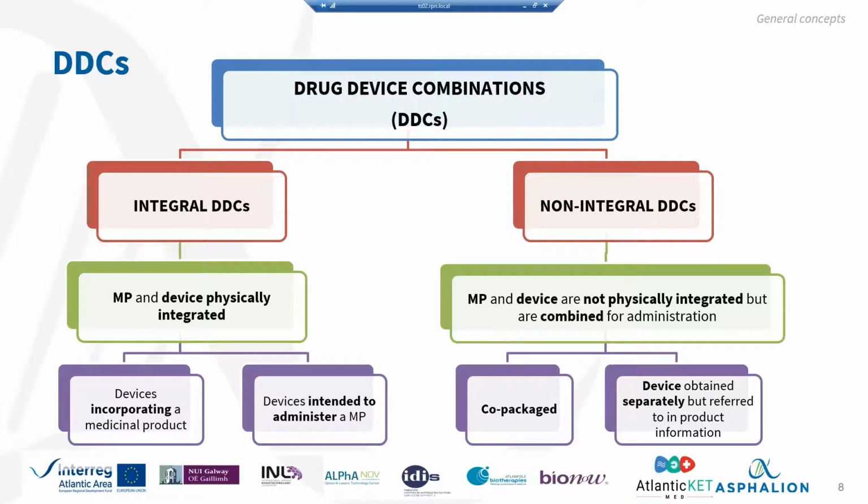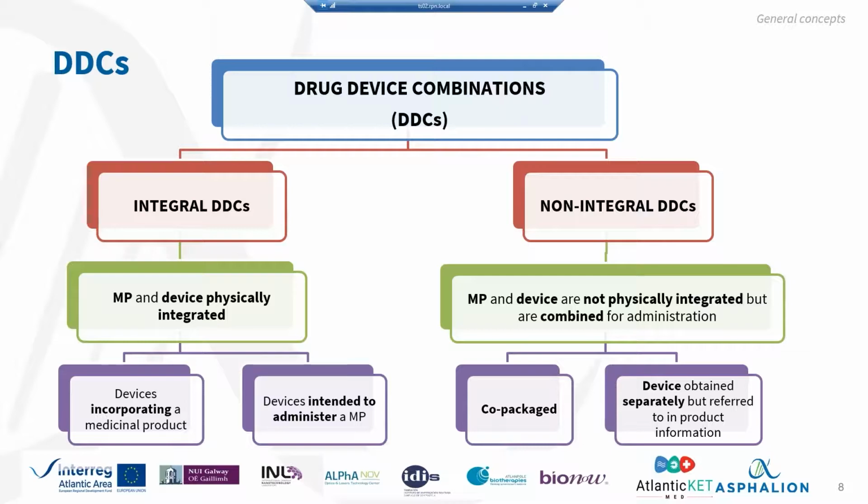Okay, within this group, we can split two different subcategories, which would be integral DDCs and non-integral DDCs. Integral DDCs are physically integrated. Okay, we have the medicinal product along with a medical device that are totally integrated. They cannot be separated.